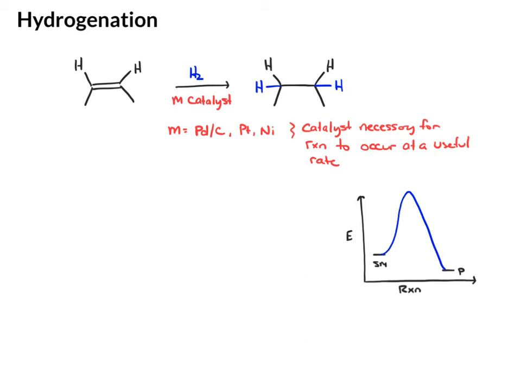What that means is it's just very hard to surmount, even with heating and things like that. So what the catalyst does, we retain the starting material and the product, but it lowers this energy barrier to a much more reasonable activation energy.